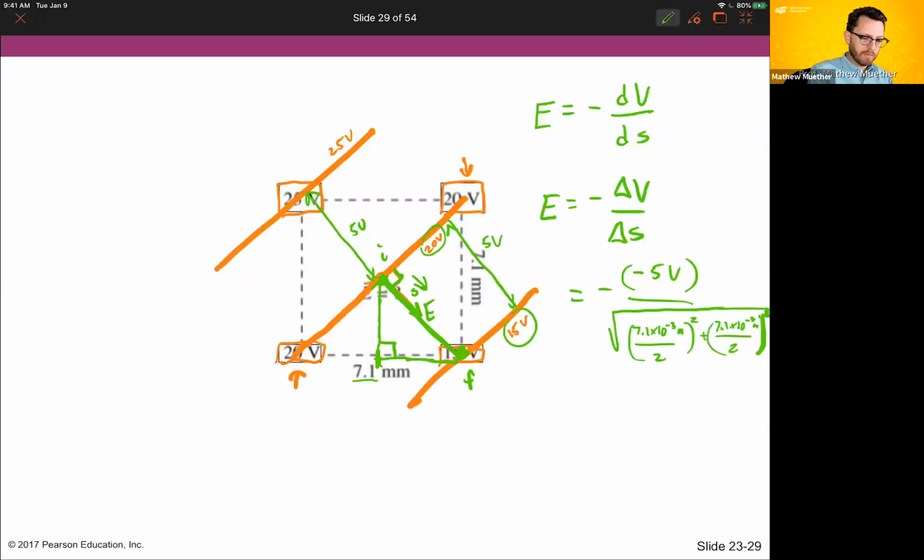These are just going to give me a positive value, and I could go ahead and calculate that. So that's how we would calculate this value here.